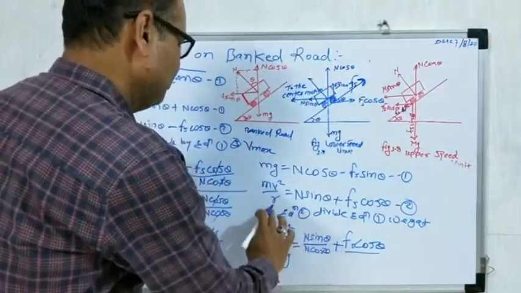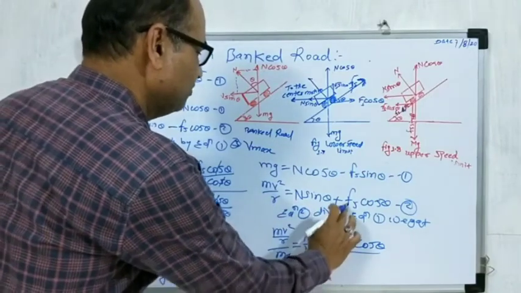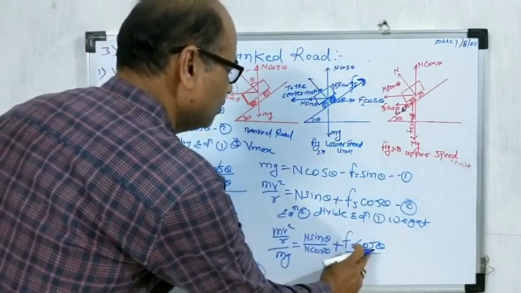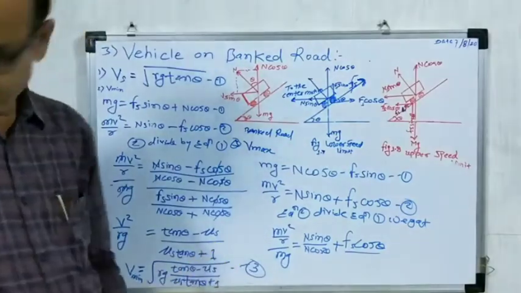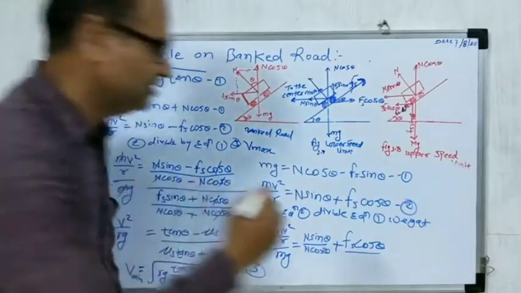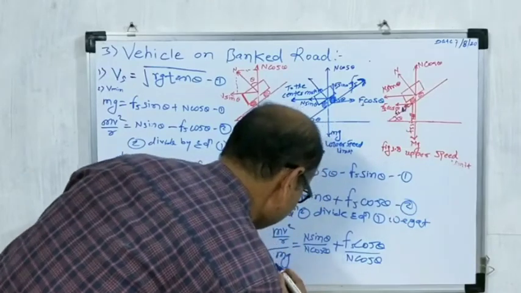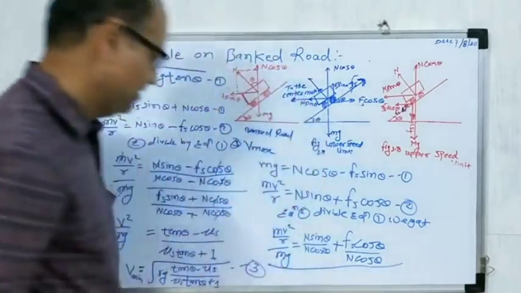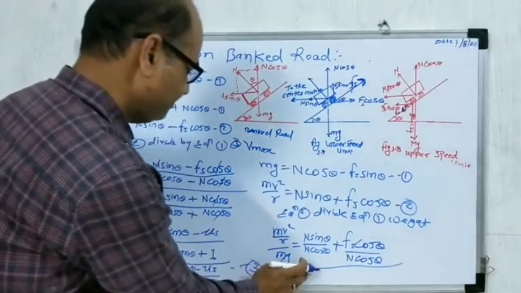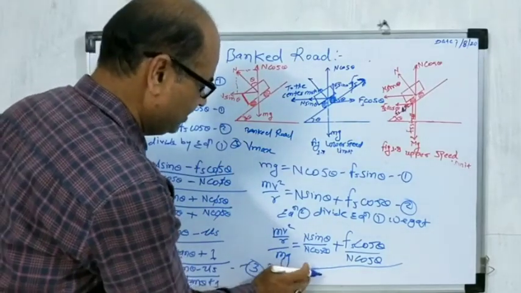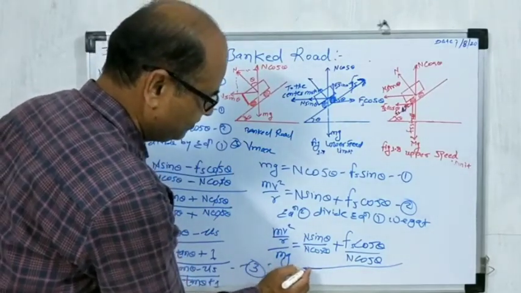So mv square divided by r equals n sin of theta plus f s into cos of theta, and the normal reaction side n cos of theta, again divided by mg.